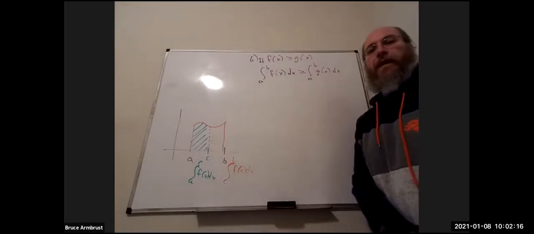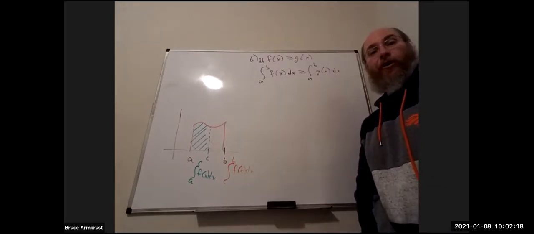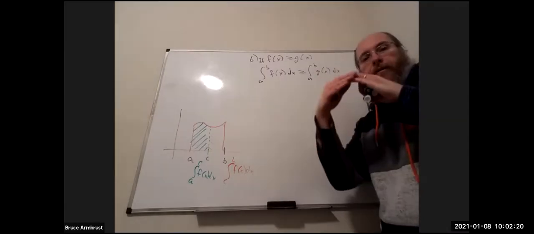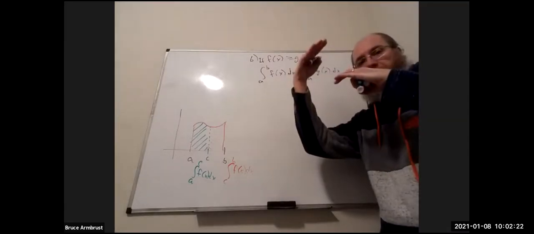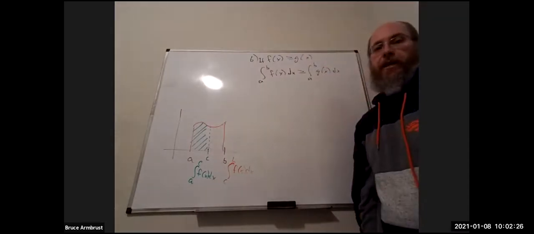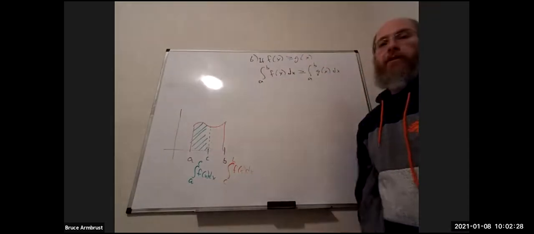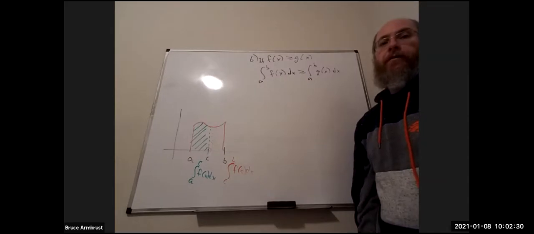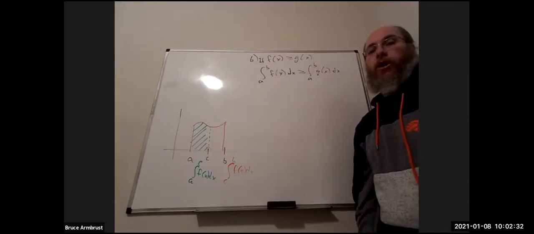And again, this should make sense. Think of it as an area idea. If f is taller than g, there's more area under f than there is under g. That's what this is saying. Okay, cool.